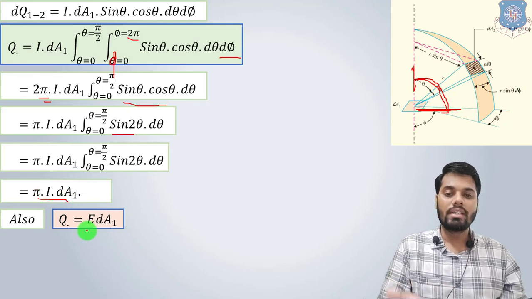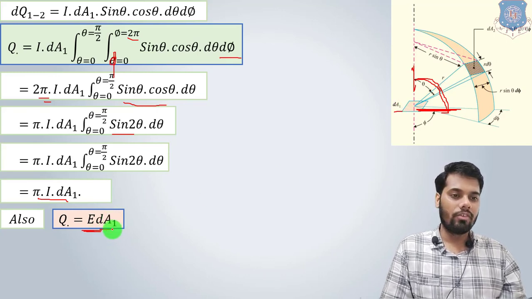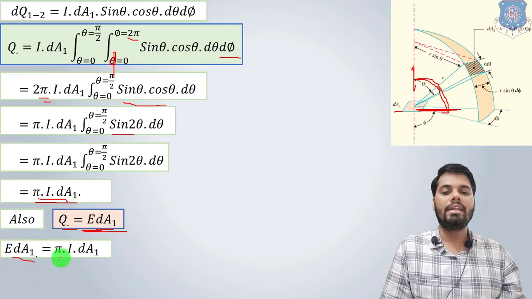Also, we know the emissive power E of a diffuse surface, this is our diffuse surface. The emissive power of a diffuse surface can be denoted by E, with differential area dA1. So we know the value of Q12 is E dA1. Compare this equation with pi I dA1.